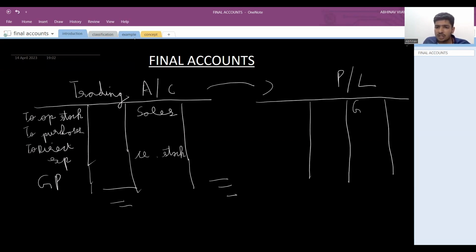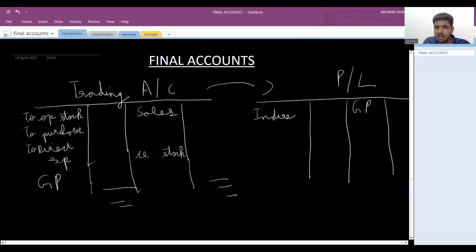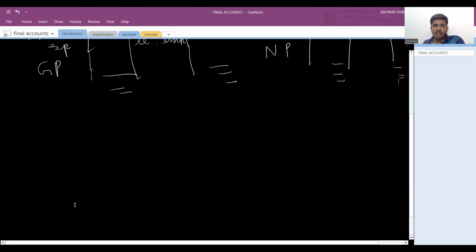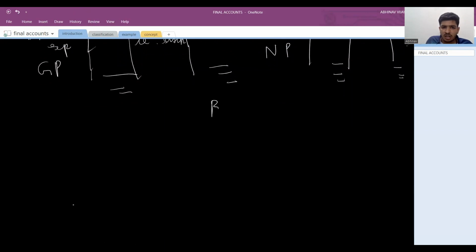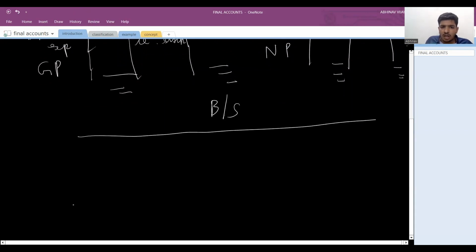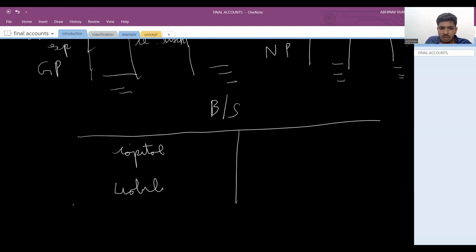Then your gross profit gets transferred here. Then all your indirect expenses come here. Then a net profit is found. Then after it's done, finally you prepare the balance sheet. And in your balance sheet, there is capital or other liabilities, and assets are here.